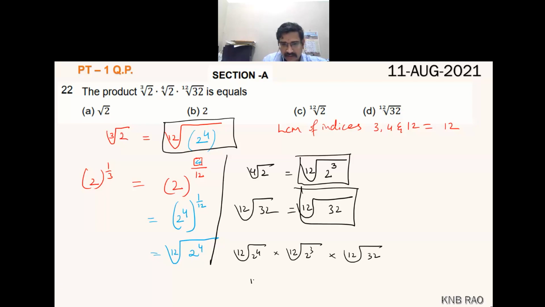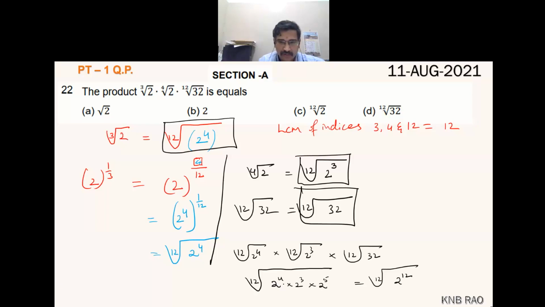Now they all come under one umbrella of 12th root. Now 32 I have written as 2 power 5, which is equal to 12th root of 2 power 12.